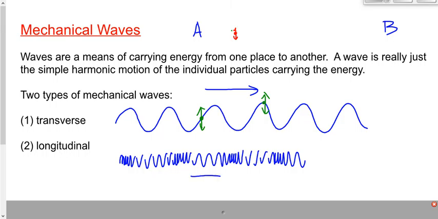If the longitudinal wave is traveling to the right, then the individual particles within the wave are traveling right and left in their own little zone. In other words, they're traveling parallel to the way the wave is moving.